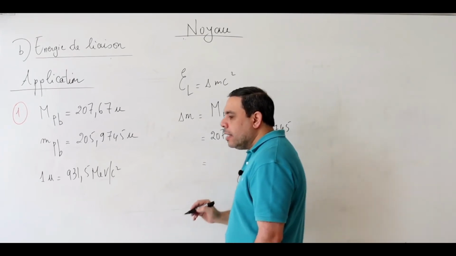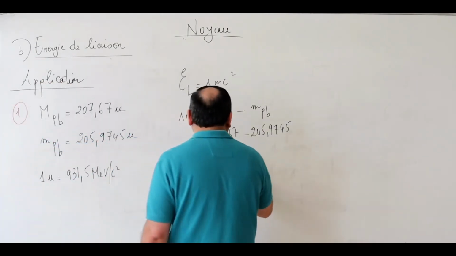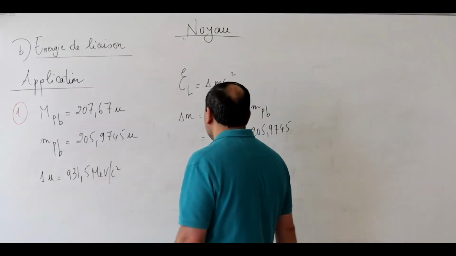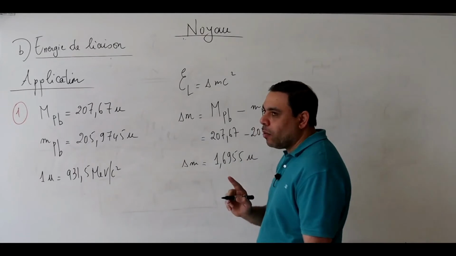The answer is 1.6955 U. This is the mass defect.